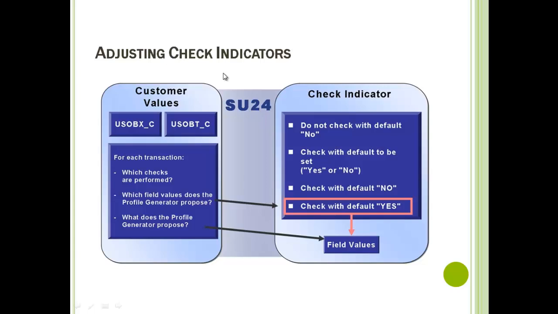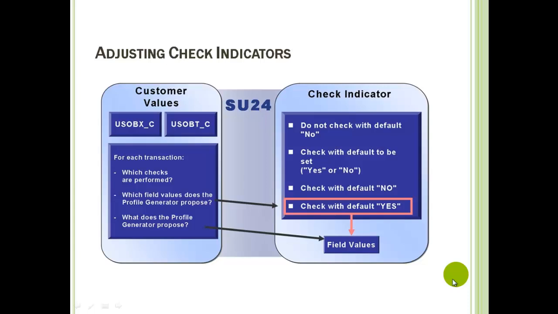This is the check being done during SU24. So we have the customer table here, identified by underscore C, which has all the values we changed based on our requirement. Whenever you run SU24 and put one transaction code, it picks up the values from here.